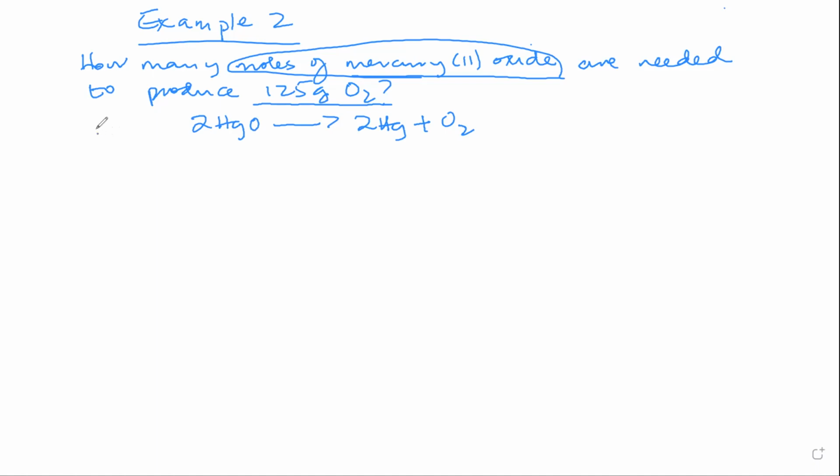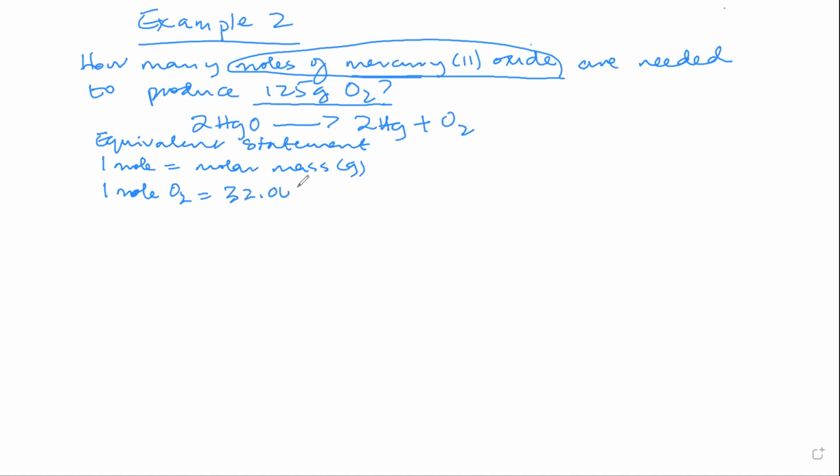We use equivalent statements, still applying dimensional analysis. It will be 1 mole equals molar mass. So 1 mole of oxygen is 32.00 grams of oxygen. That's the molar mass.